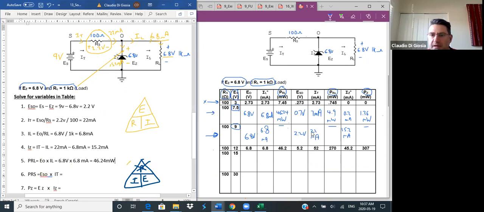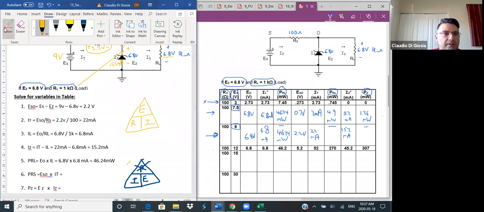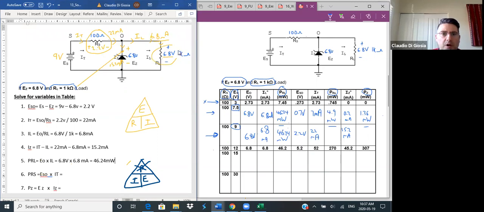I can write it down here, my PRL in the square right here, 46.24 milliwatts. Okay, so that's the wattage of the load resistor on the right.